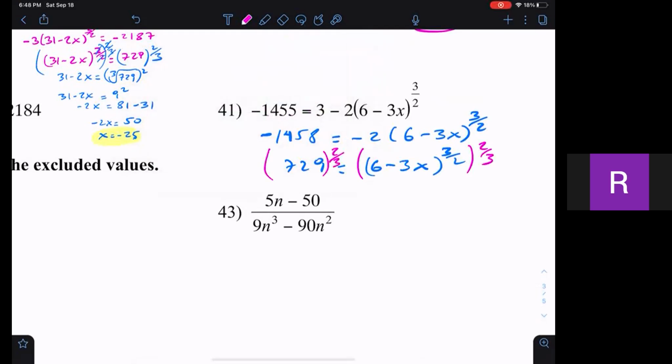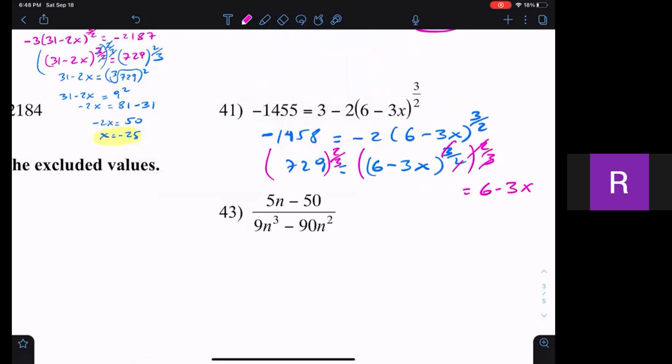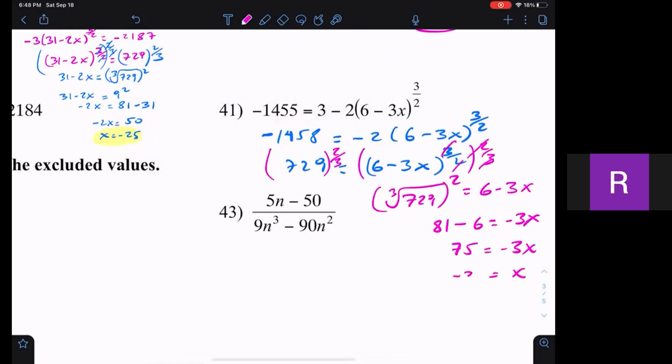It's similar to the previous problem. So this cancels out. So this is 6 minus 3x equals cube root of 729. Let me do that. 729 cube root squared, that's going to be 9, right? And then 81 minus 6 minus 3x. So this is going to be 75 equals negative 3x. So x equals negative 25. Okay.